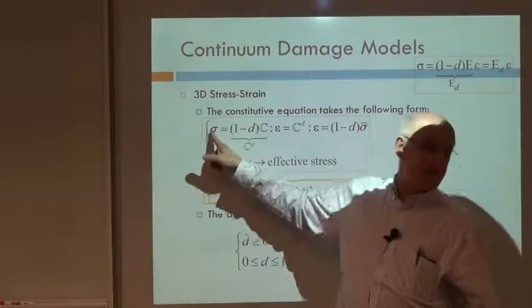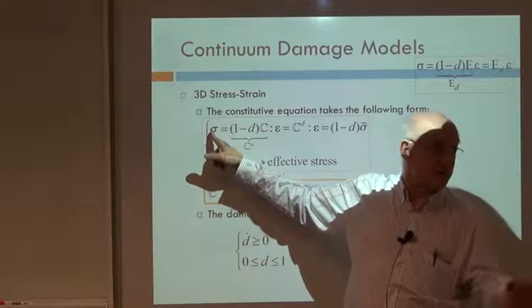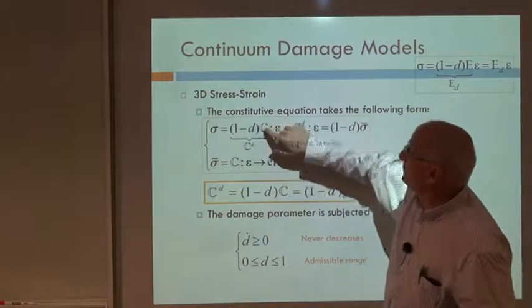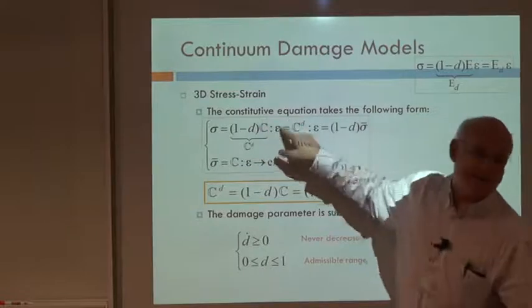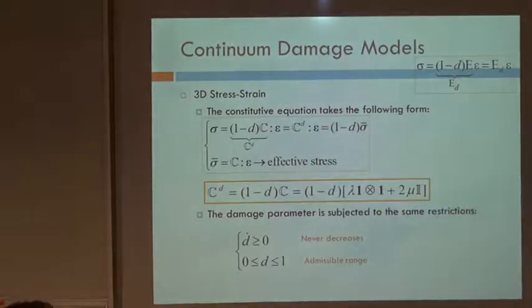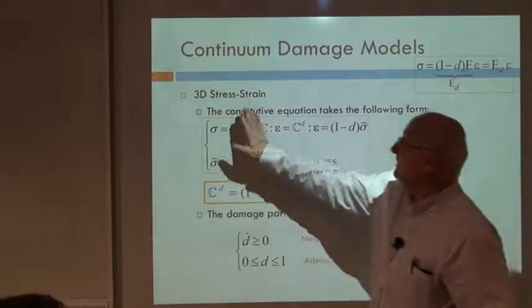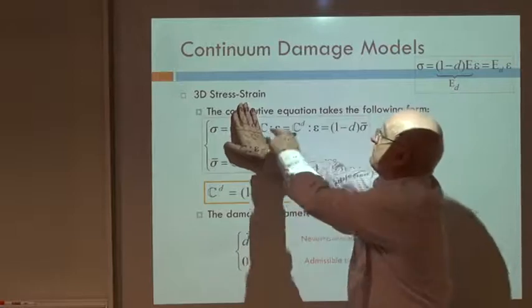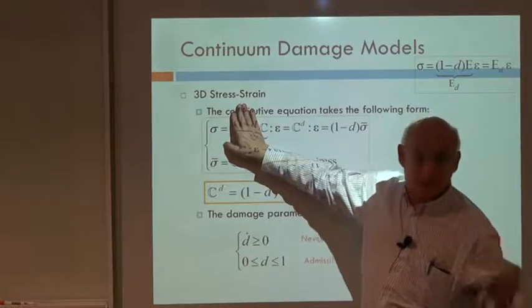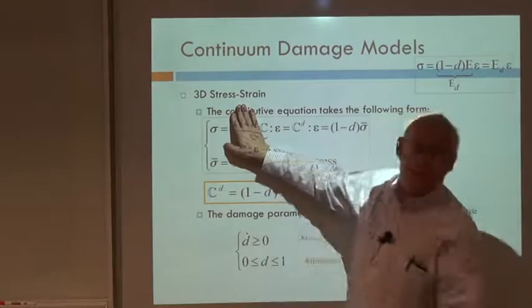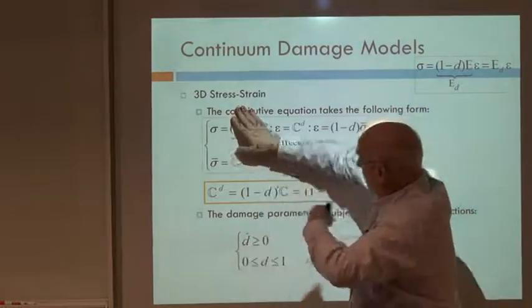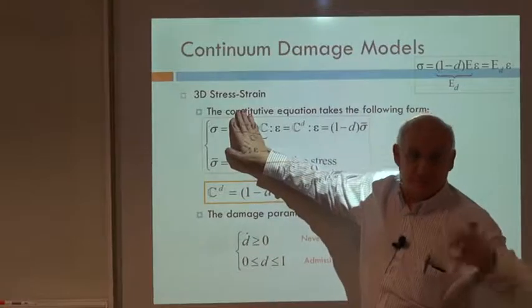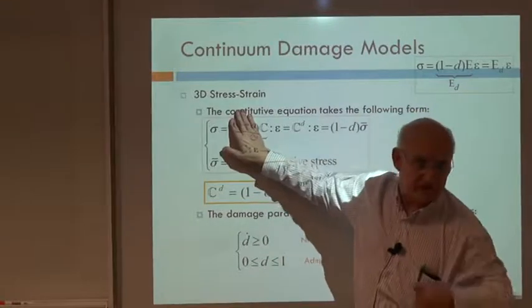The tensor of stresses, the apparent stresses, external stresses, are proportional to the corresponding effective stresses. So the stresses that the material would carry, assuming that it's elastic. The stresses that the elastic material in 3D would sustain if the material was elastic is the product of the 4th-order elastic constitutive tensor C times epsilon, where this is a tensor that could have, for instance, the format that we have seen for isotropic elasticity, depending on the 2 parameters.